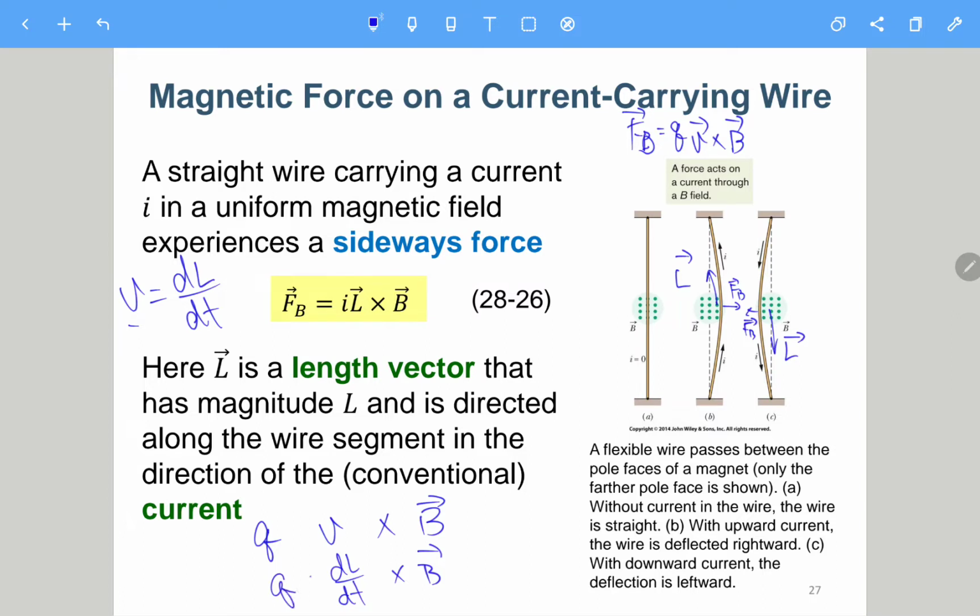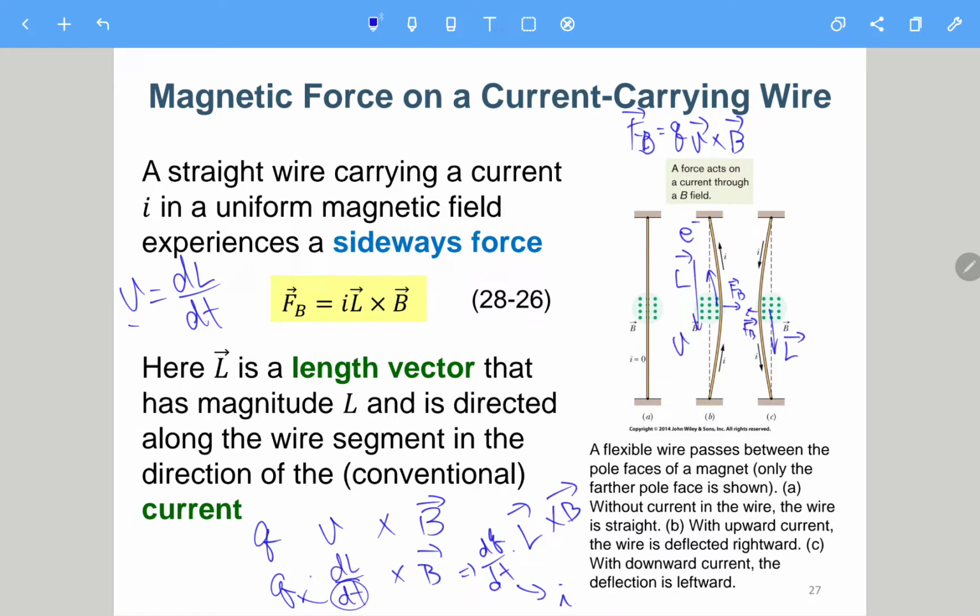And then Q times it. Actually we can put this one to the front, and then we will have dq dt times L cross B, like this. So this one becomes I. I also consider this a kind of Lorentz force, because if you have current going from bottom to top, it means there are electrons going from top to bottom.